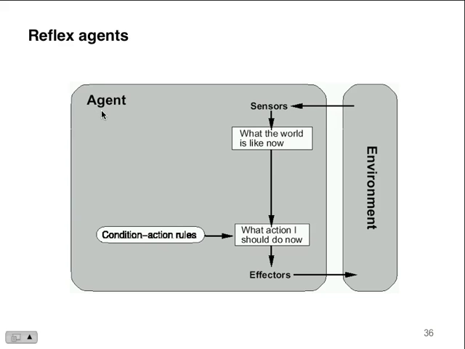But for the agent behavior, we have what the world is like now, and what action should I do if it's a reflex. So the condition is the action rules. So if it's raining and I'm a reflex agent, I'm going to turn on my windshield wipers.